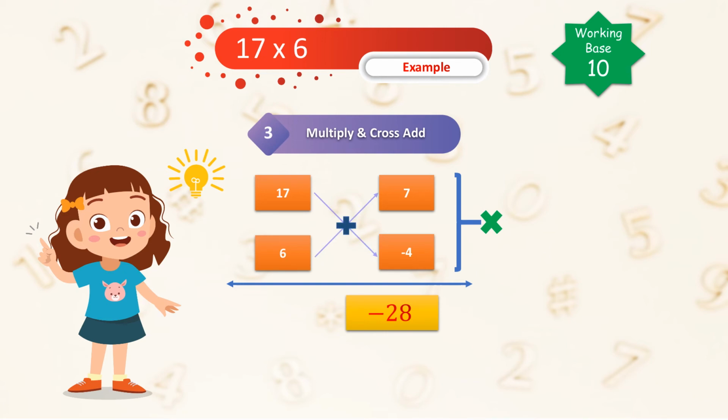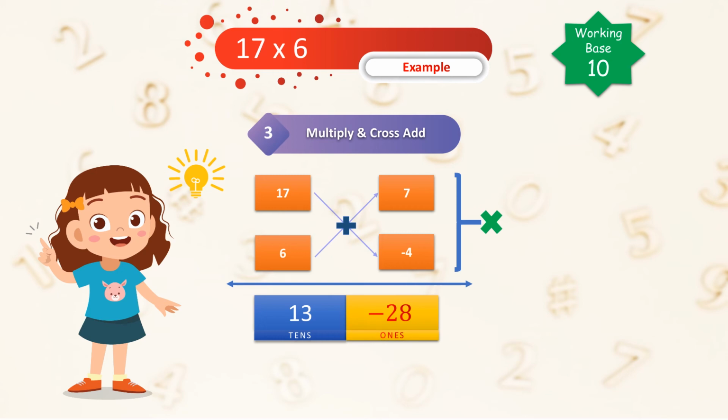Next, you have to cross add 17 plus minus 4, or 6 plus 7. You get 13. So 13 will be our tens and minus 28 is our ones.